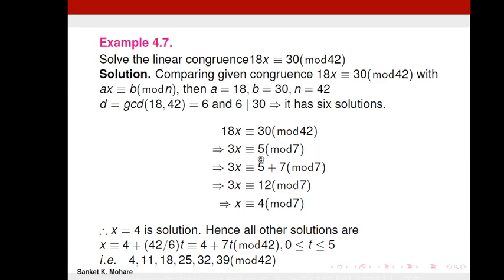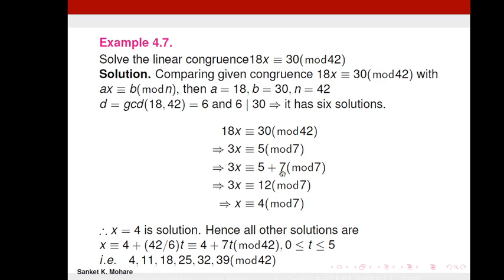So to find particular solution, here we add multiples of 7 to 5 until 3 divides this sum.